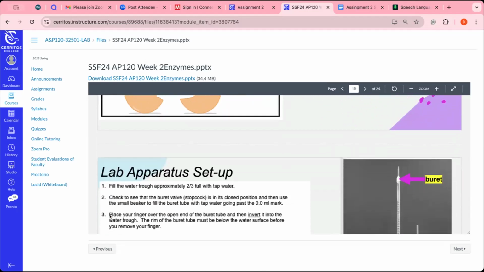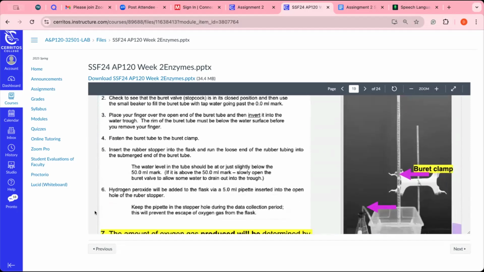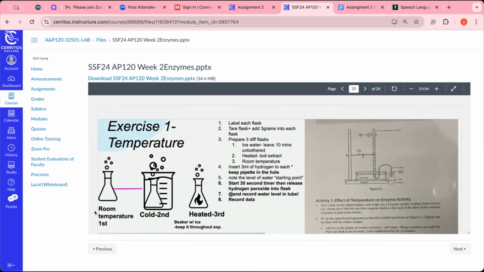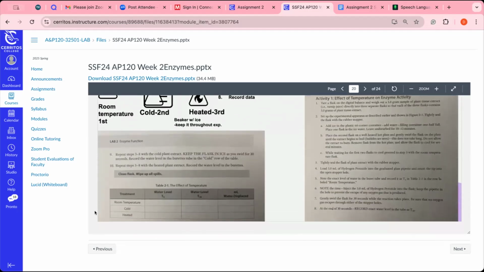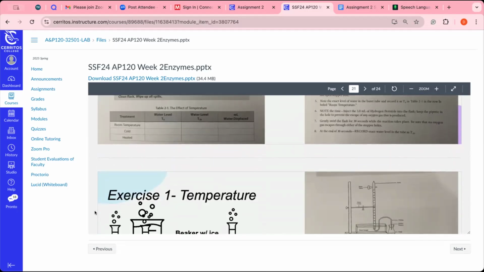Now you have your lab set up here. You put the water in there, you do the whole function.